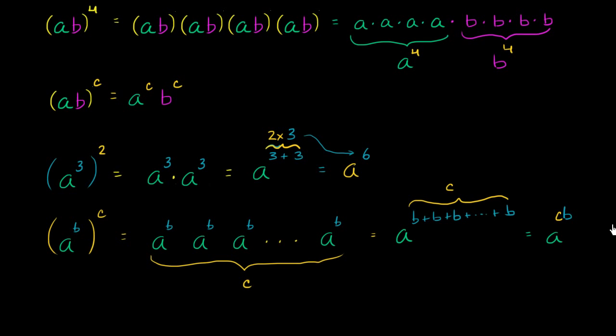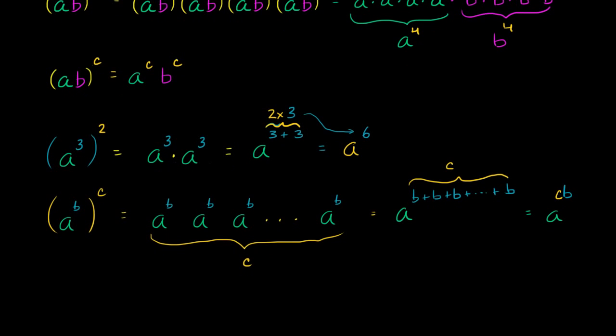So very useful. So if someone were to say, what is 35 to the third power, and then that raised to the seventh power? Well, this is obviously going to be a huge number, but we can at least simplify the expression. This is going to be equal to 35 to the product of these two exponents. It's going to be 35 to the 3 times 7, or 35 to the 21st power.